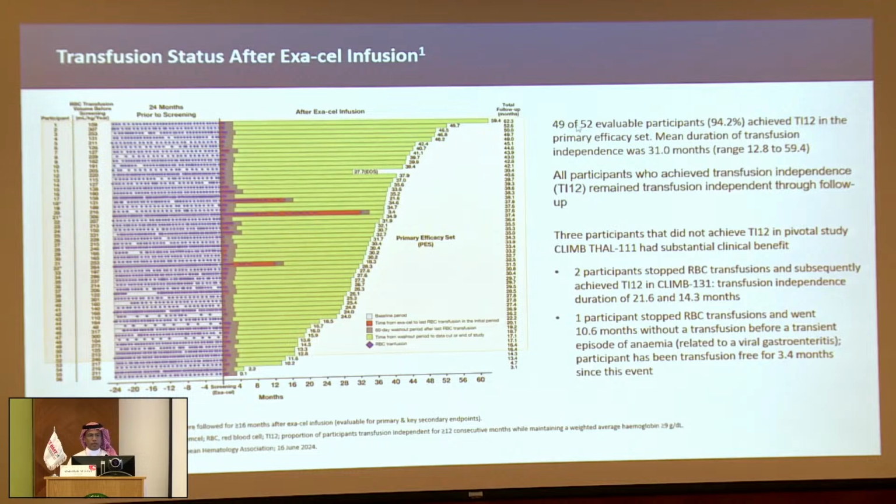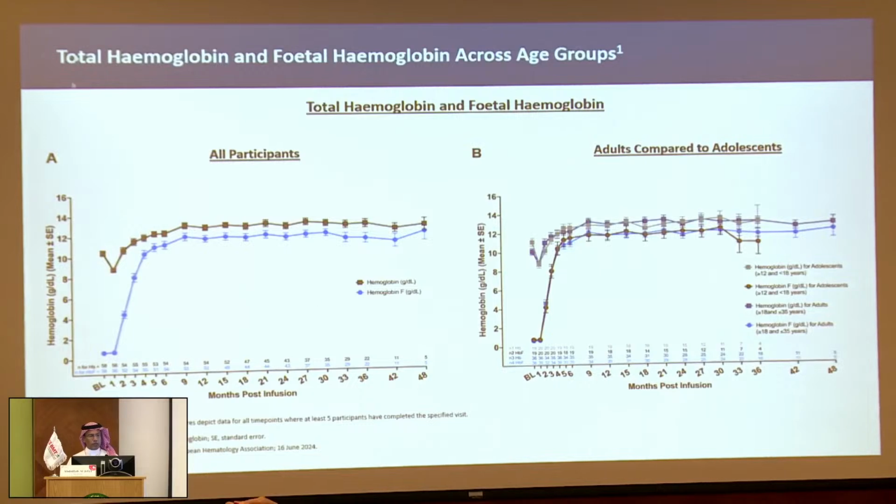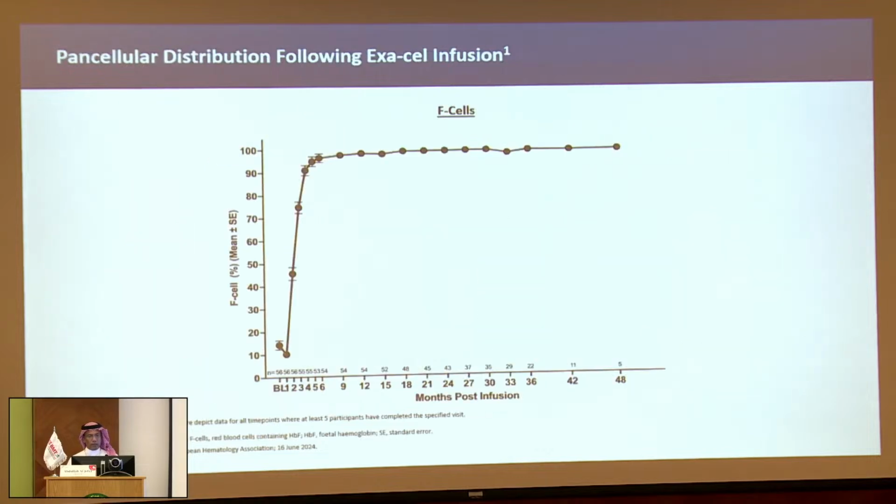So 49 out of 52 evaluable patients achieved the transfusion-independent period. This is again the contribution of the hemoglobin. Almost 90% of the hemoglobin was contributed by hemoglobin F, as you can see. And the level of hemoglobin was around 13 in these patients, both adolescents and adults.